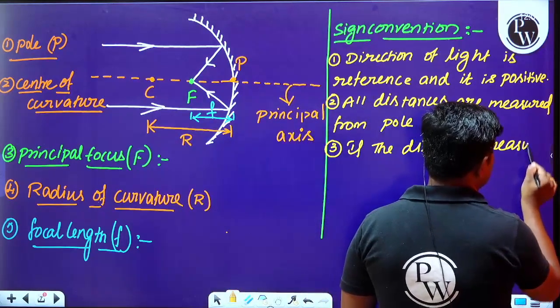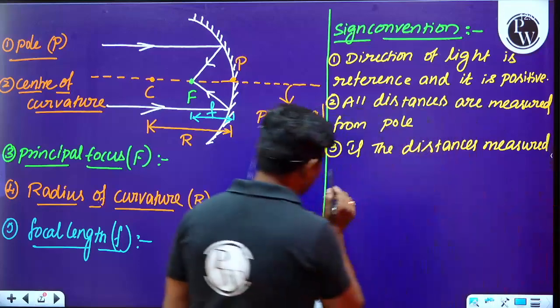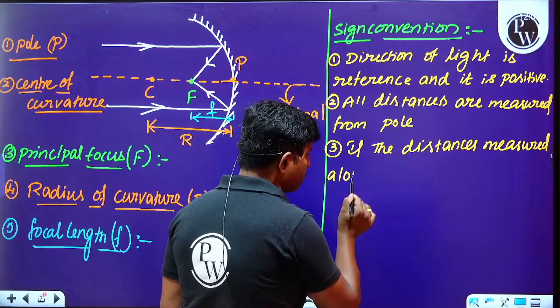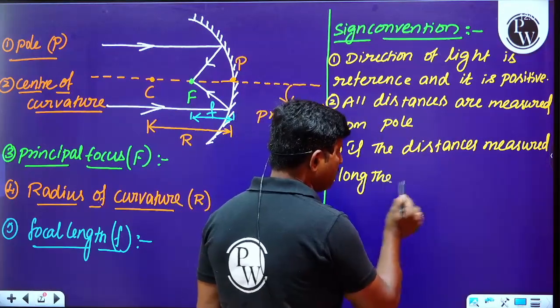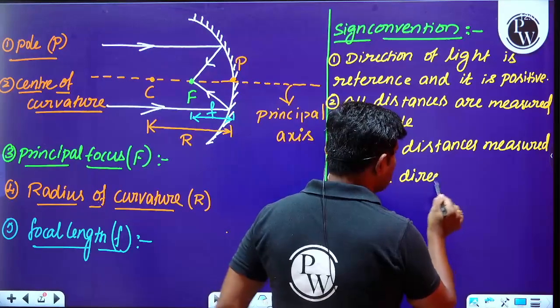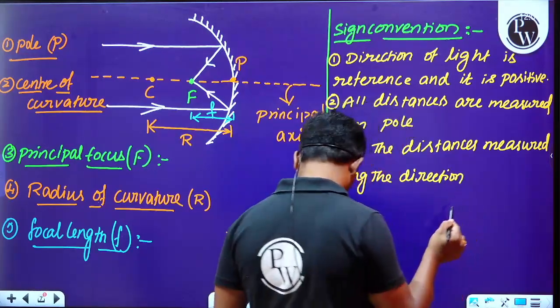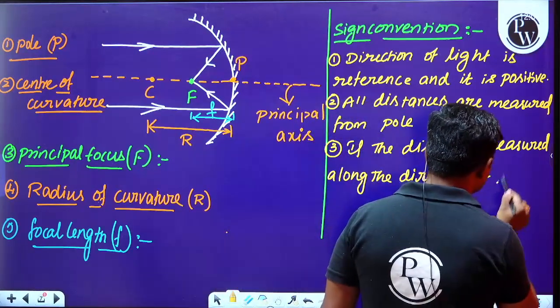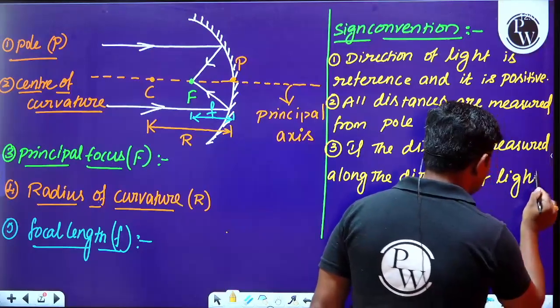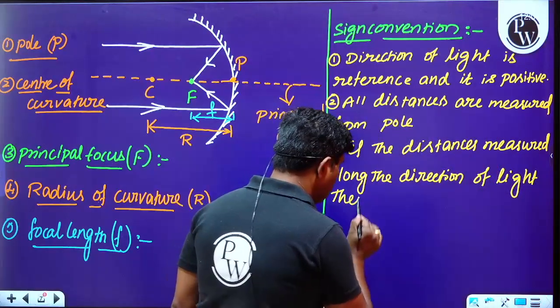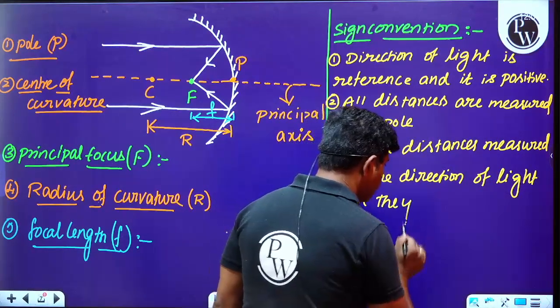Third point: if the distances are measured along the direction of the light, then they are taken as positive.